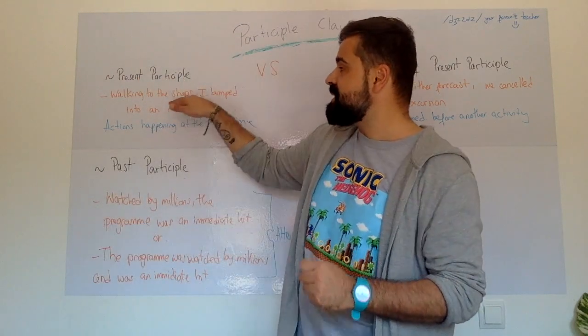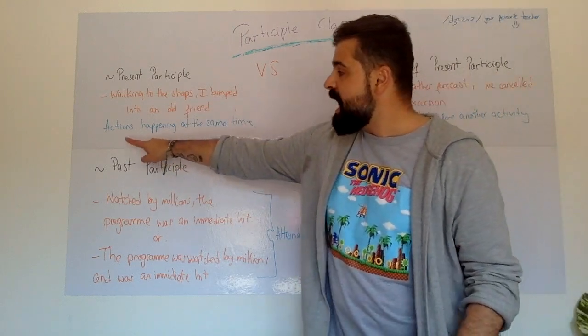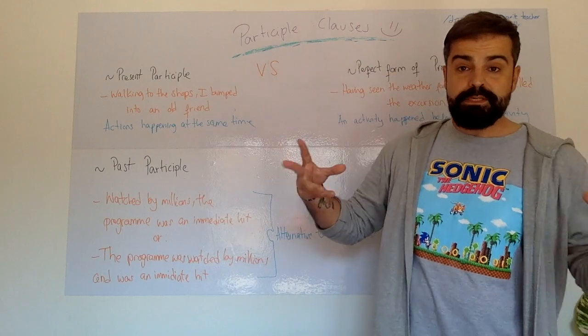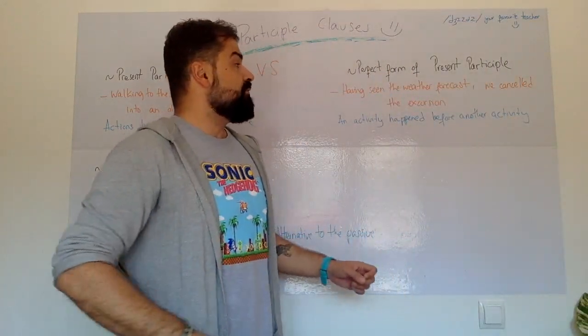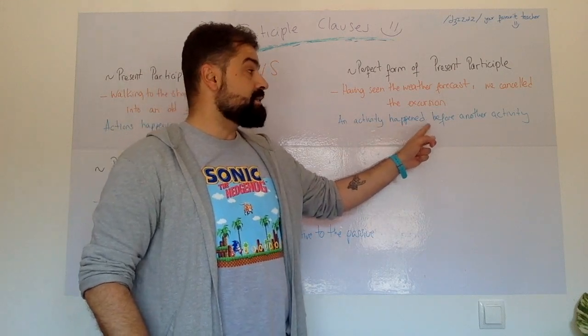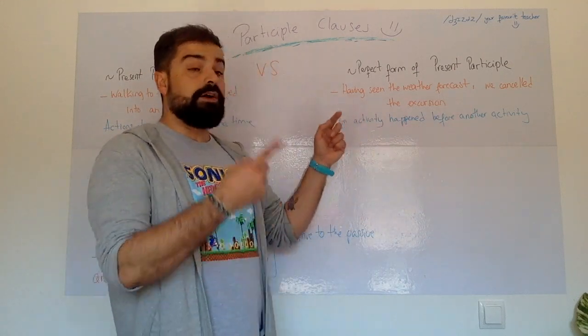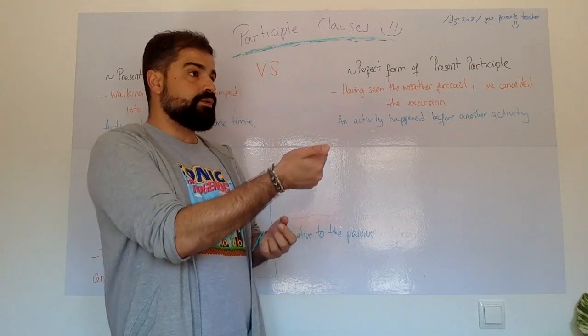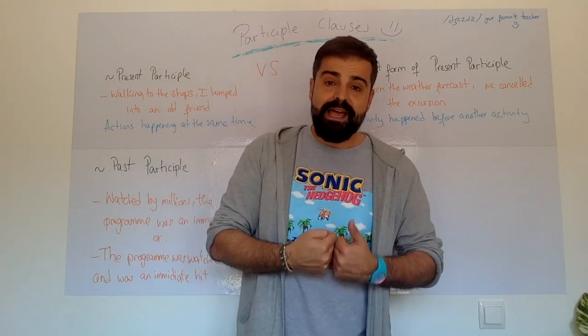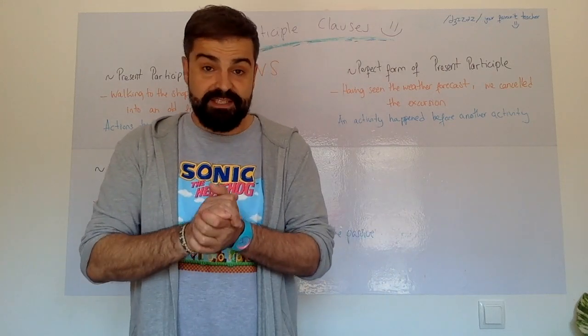In this situation, you are talking about actions happening at the same time. Walking to the shops, I bumped into an old friend. In this situation, you are talking about an activity that happened before another activity. So, having seen the weather forecast, I was watching TV and I saw the weather forecast, and after that, I decided to cancel that excursion.